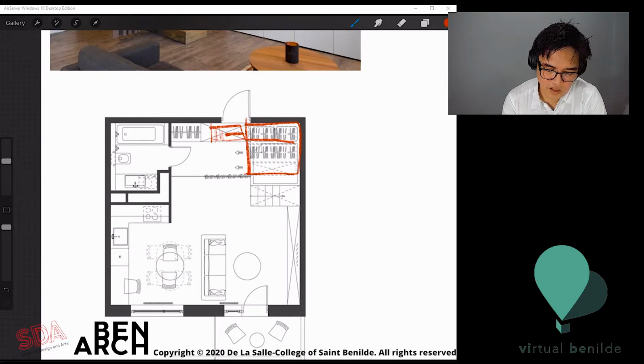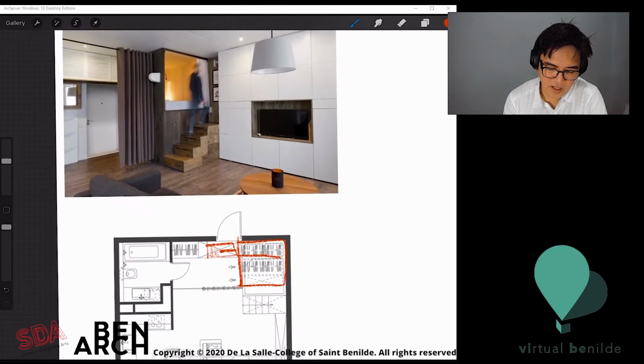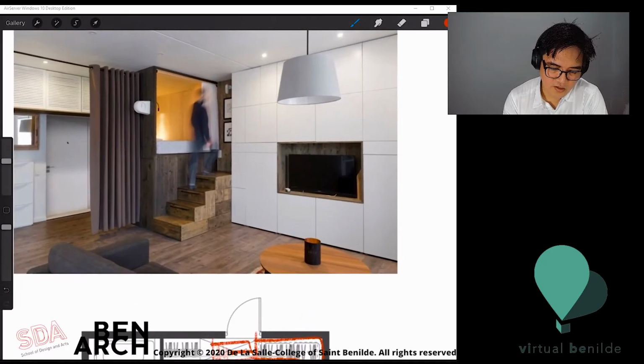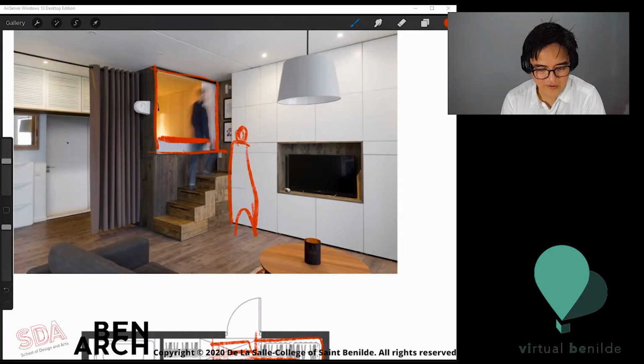Here there are a couple of steps going up, and you could see this in the picture. So it's just a minimal height. The bed is level to a person if the person is standing. It's more like a cubby type of bed arrangement.